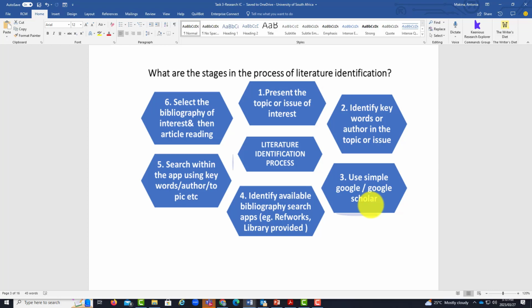In the fifth stage, using those keys to access your literature. And then lastly, once you've done that, you select the bibliography of your interest or your bibliography of choice, and then of course you start with article reading.